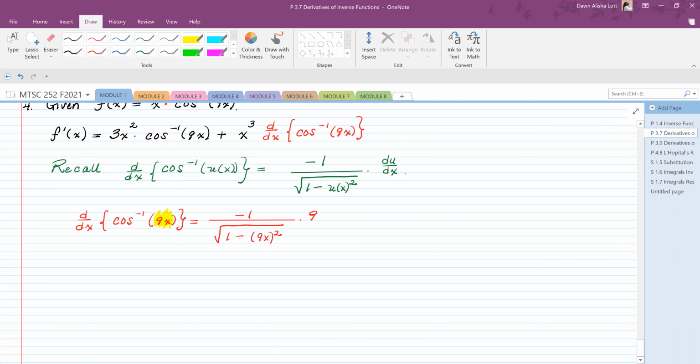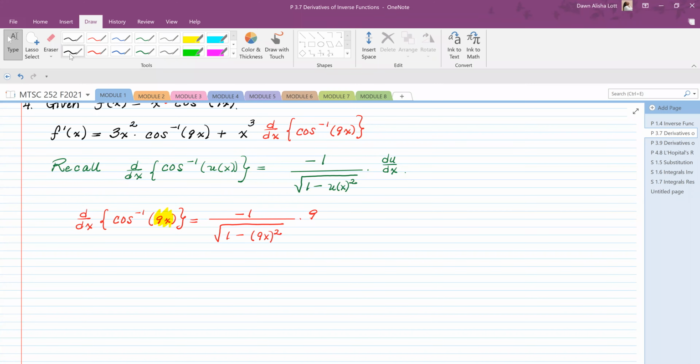Okay, so now I can take my problem and stick all that in and get that f prime of x is 3x squared times the cosine inverse of 9x. I already know I'm going to have a negative.